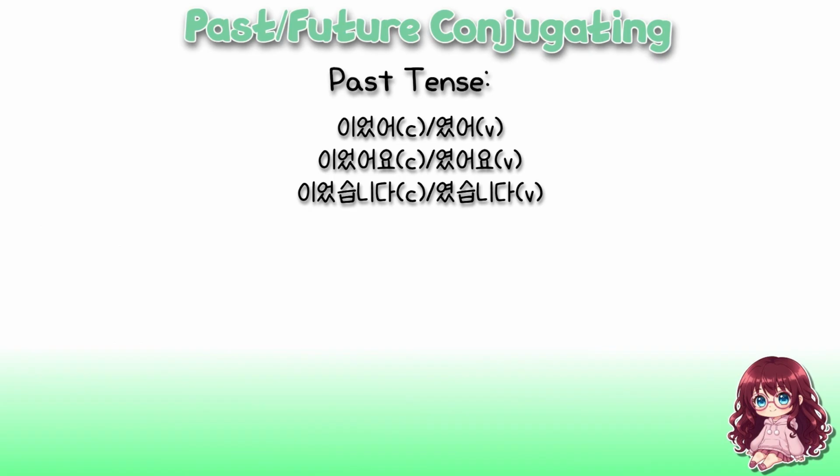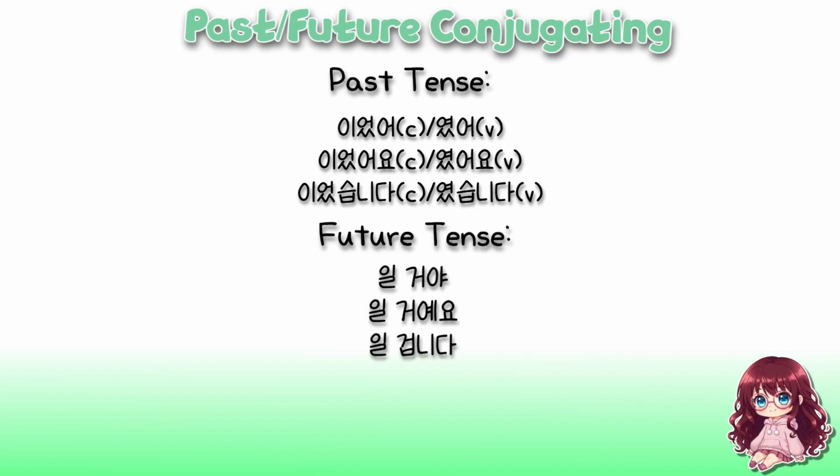In the past tense, this will be conjugated as 이었어, 였어, 이었어요, 였어요, 이었습니다, 였습니다. Our future conjugations would be 일 거야, 일 거예요, and 일 겁니다.